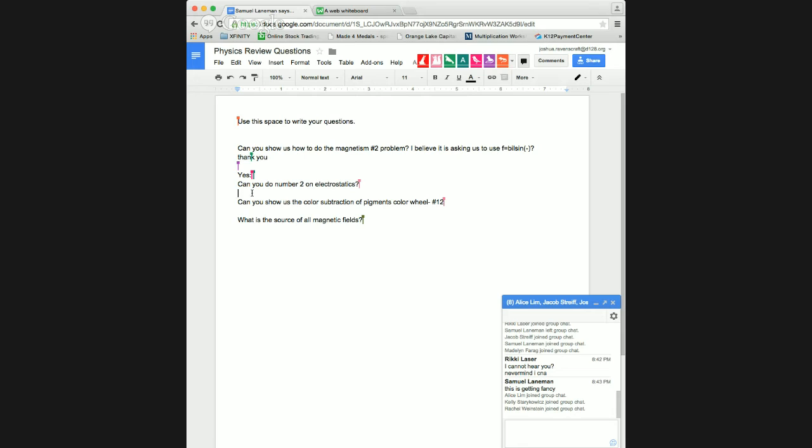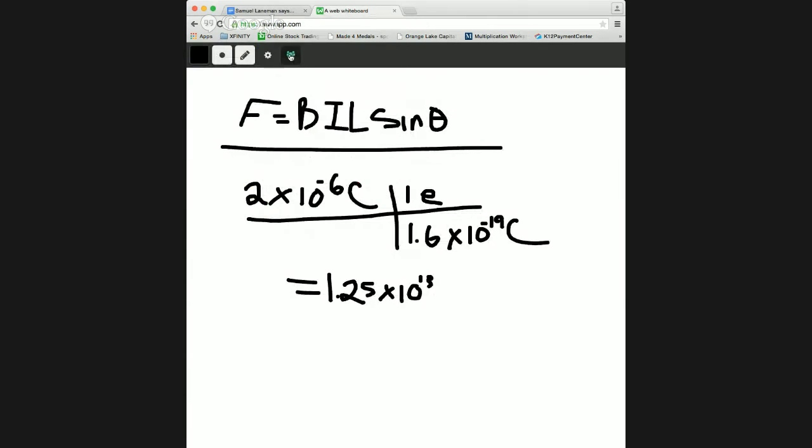All right. Color subtraction of pigments color wheel, number 12. I can sure do that. So the color wheel for pigments, right?